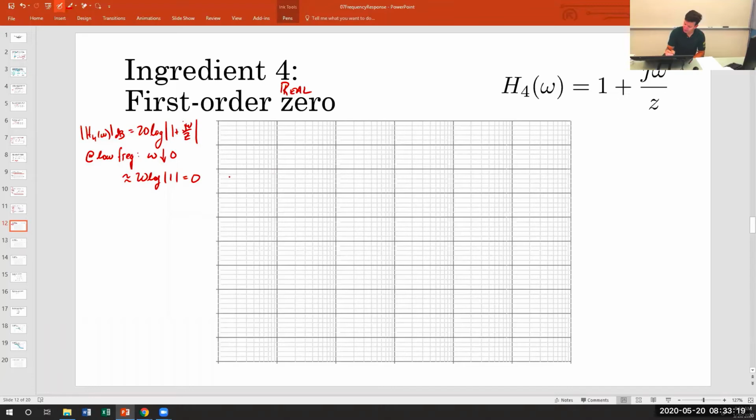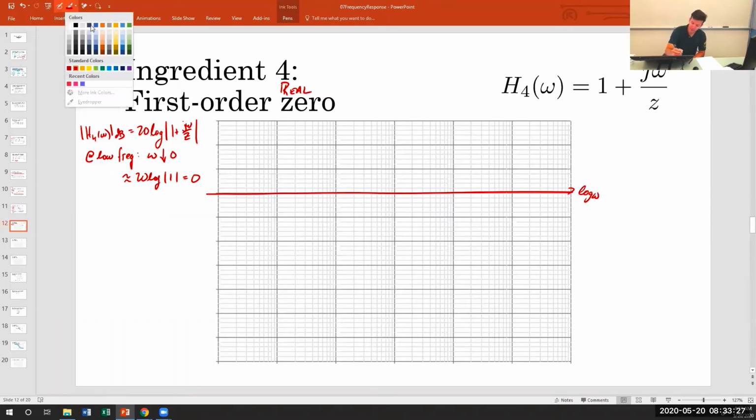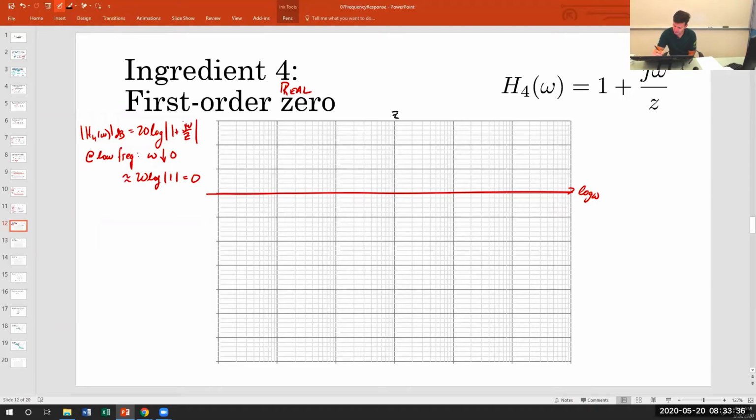So let's get that sketched. We can do it here. Okay, so we've got to fancy up the plot a little bit. Let's say the 0 is at this location, so z radians per second.